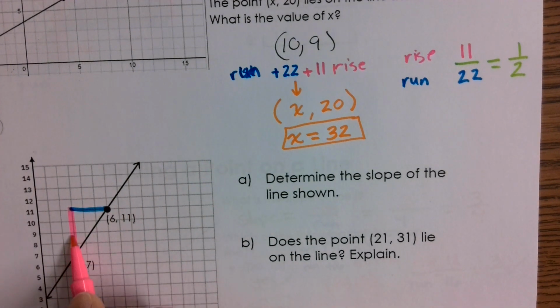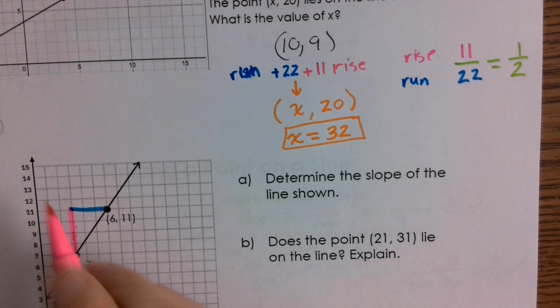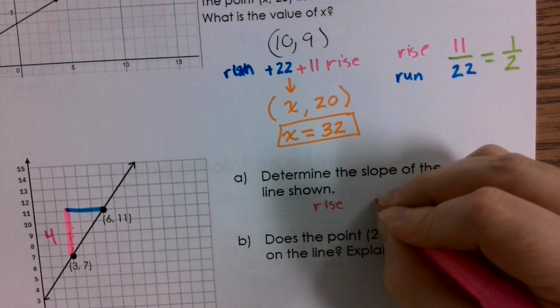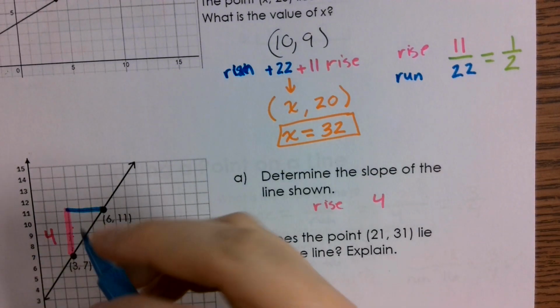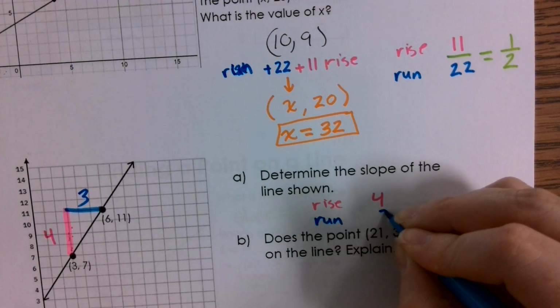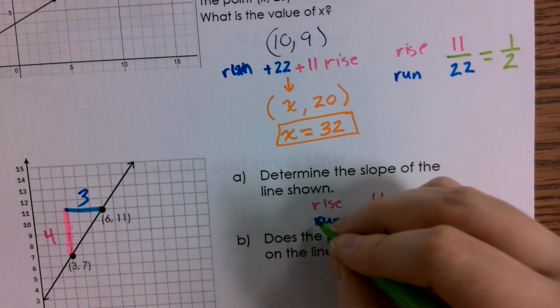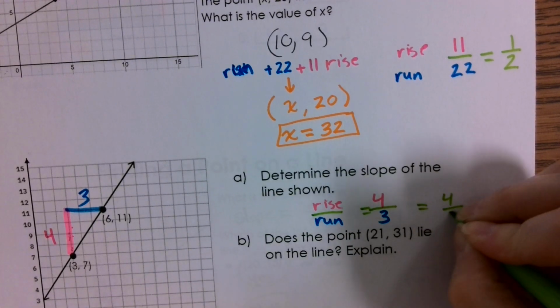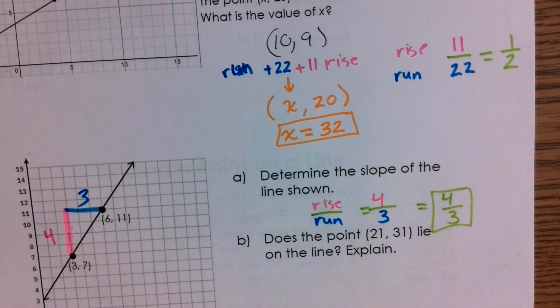How much am I increasing by? 1, 2, 3, 4. My rise is a 4. What's my run? 3. Okay, my run is going to be a 3. So that means my slope is just 4/3.